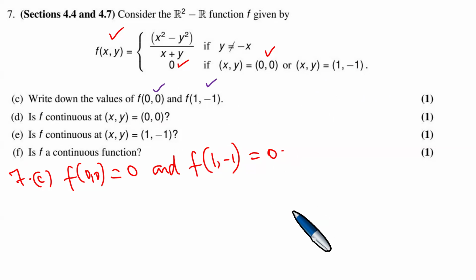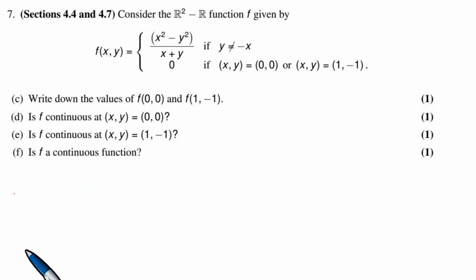Next question. The next question is about continuity. We saw continuity in first year when we did calculus, but we have a chance now to analyze this in relation to a multivariable function, not really limited to the first year notions. Looking at part D, is f continuous at the origin, at 0 and 0? Is it continuous or not? I would say yes, it is continuous, and I'm going to bring the justifications.